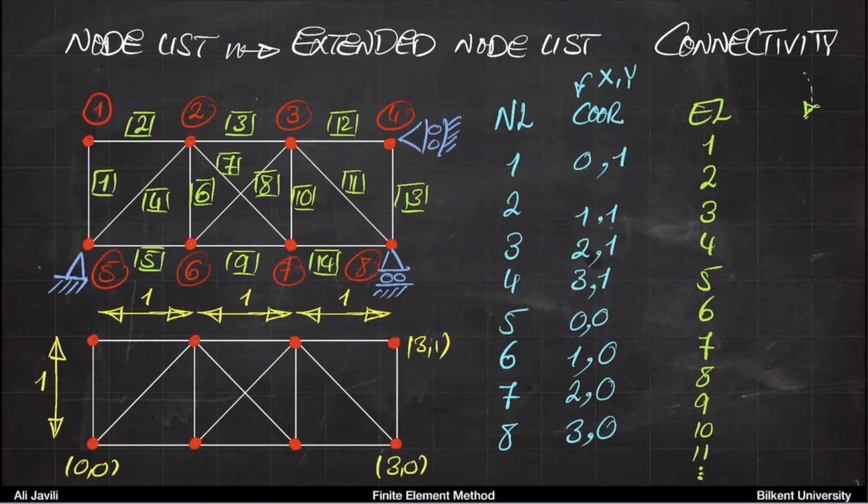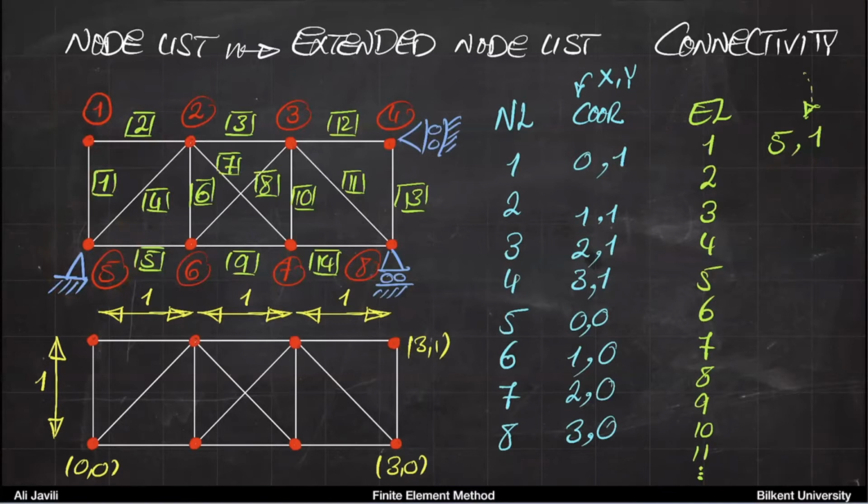Let's say for element 1, connectivity is 5, 1. You can see this is element 1. Element 1 is between node 1 and node 5. The order of the two nodes doesn't matter, so you can write it 5, 1 or 1, 5.